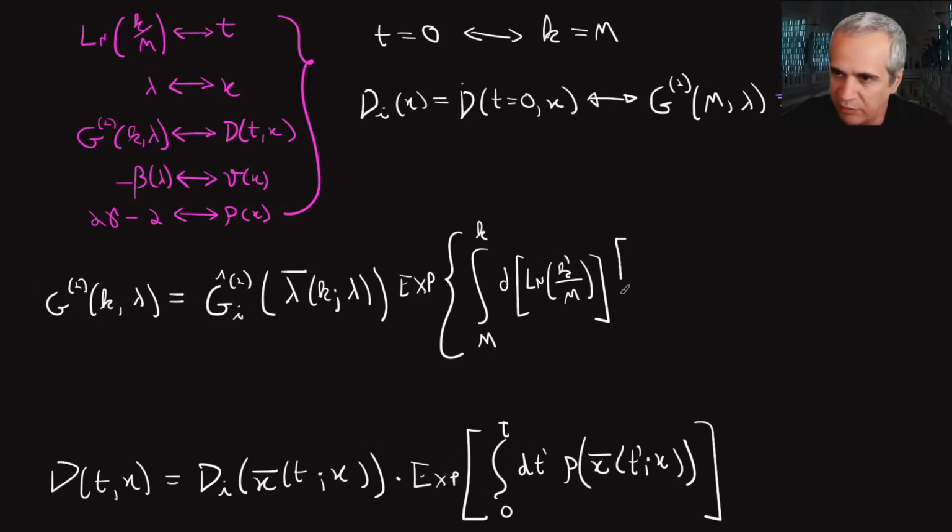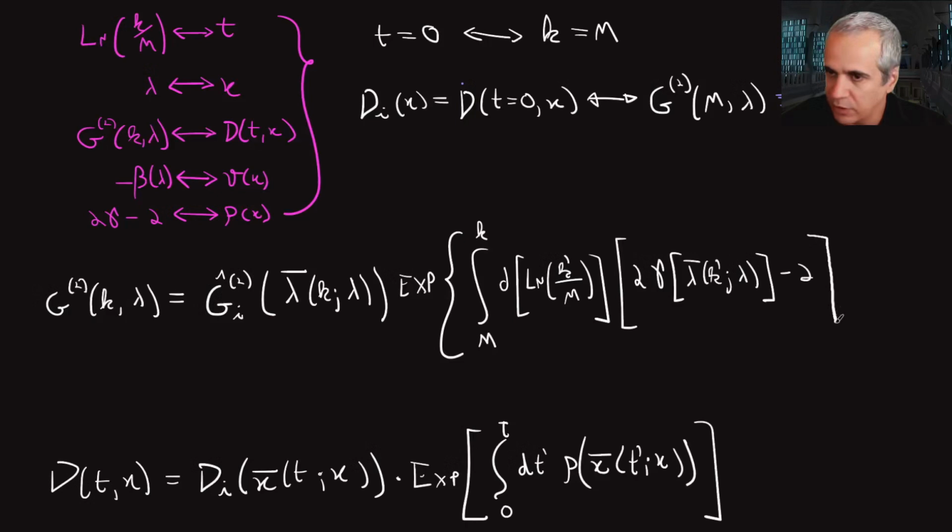So now I have 2 gamma of lambda bar, k prime, comma, lambda, semicolon, right? I don't think that's the right way of saying it, but so semicolon lambda, minus 2, and then close the exponential right here, right?